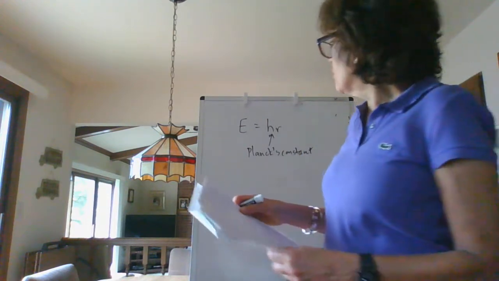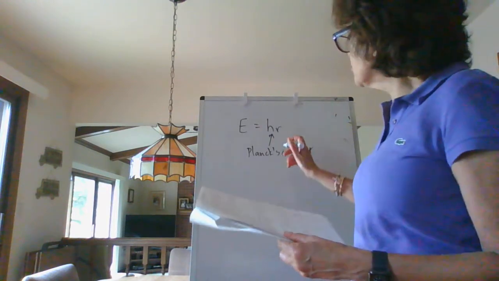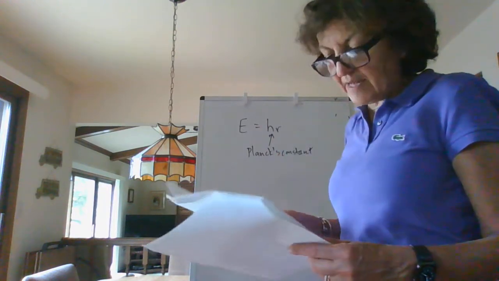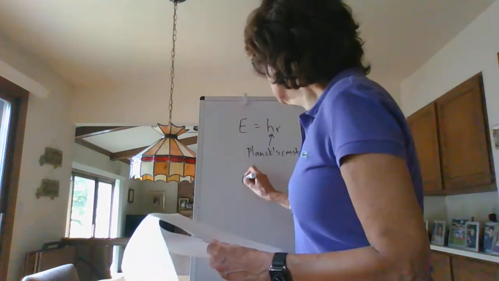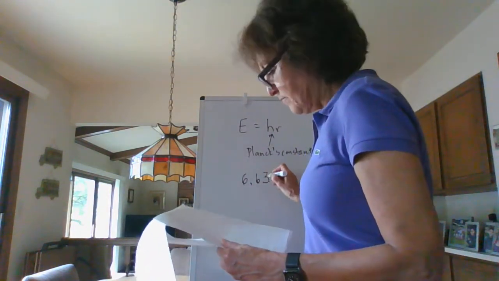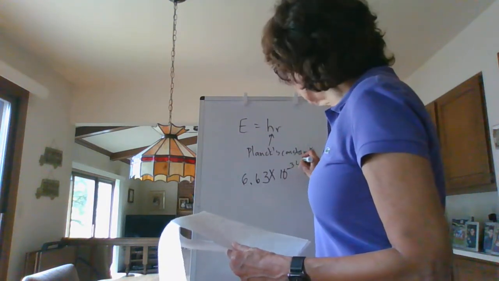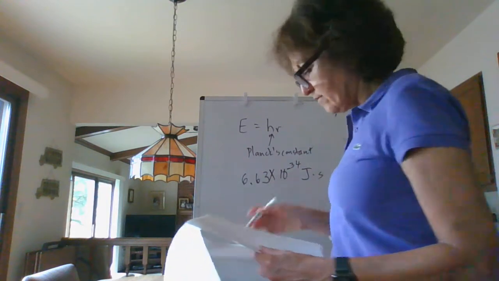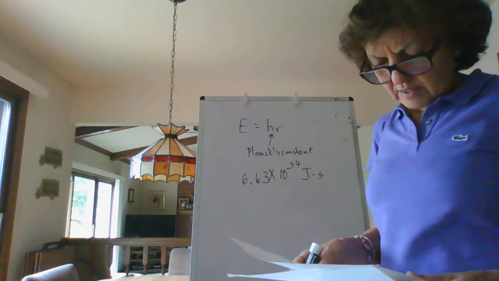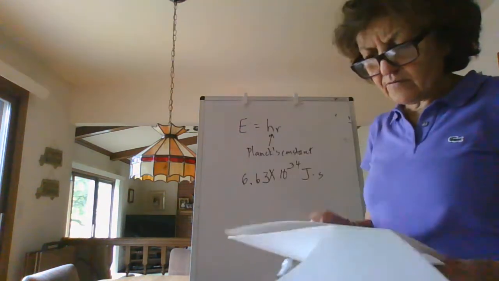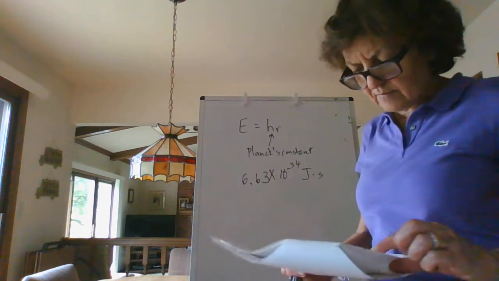So what are the units that we're looking for here? Well, h is Planck's constant. Let me write it down for you guys. It's 6.63 times 10 to the minus 34 joule second. Just double check, it's 10 to the minus 34, not minus 33. I'm pretty sure that is correct. Yes.